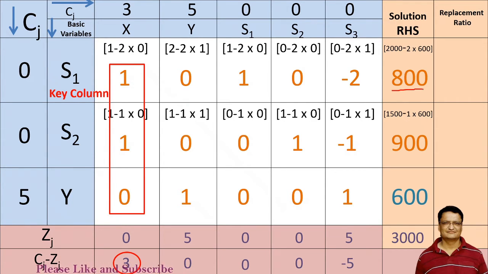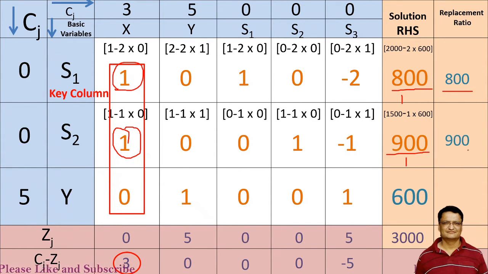800 divided by this particular 1 will give me a replacement ratio of 800 only. 900 divided by the corresponding element in the key column, 1, gives 900 only. And if I divide 600 by the corresponding element 0, it will give me a value of infinity.